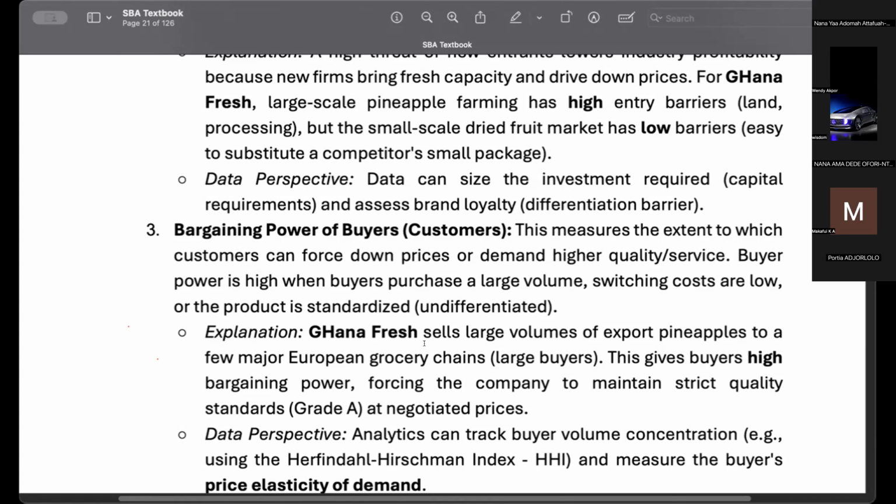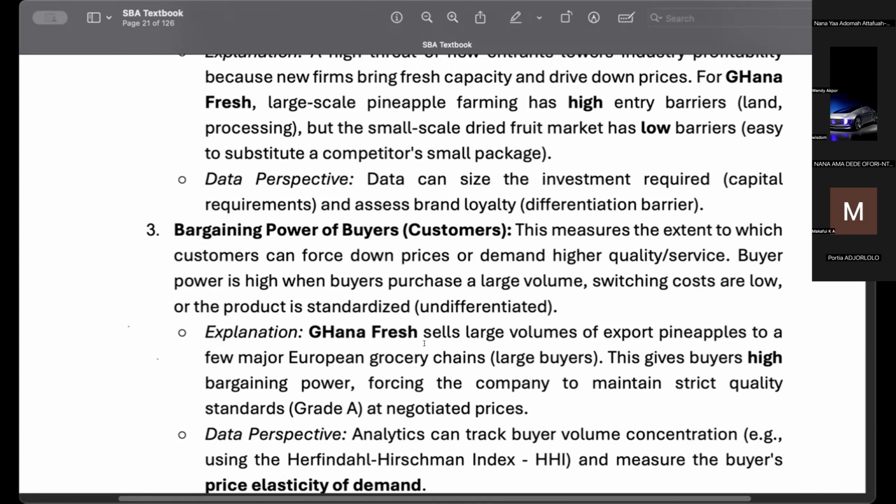In that area, what would you use analytics for? We can use our analytics tools to track buyer volume concentration, and then measure how much buyers have been buying in a given period. Then we can compute what we call the HHI, or the HH index, which is the measurement that we use to measure the volume concentration.